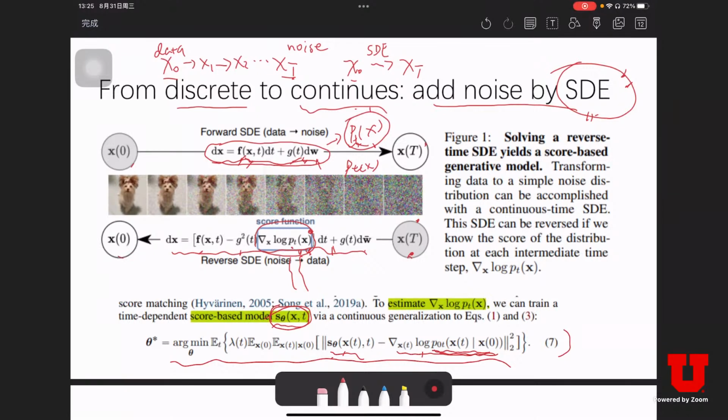So that's the whole big picture of SDE-based continuous diffusion models.